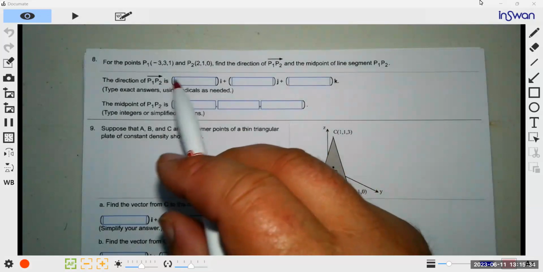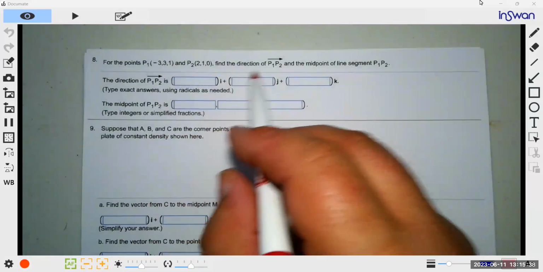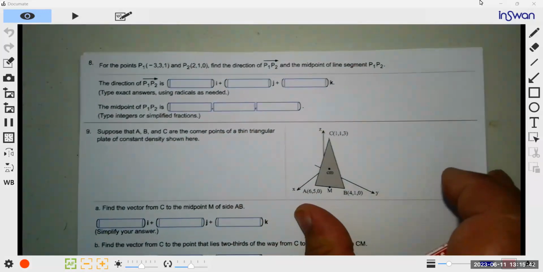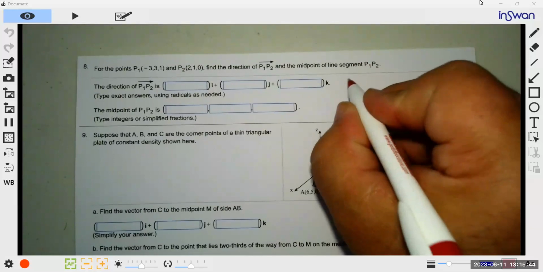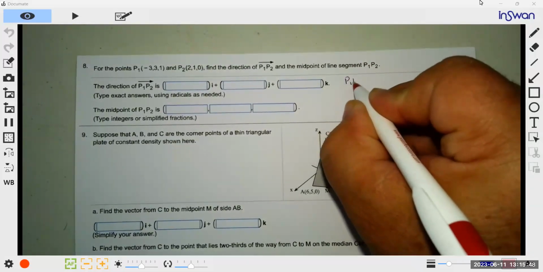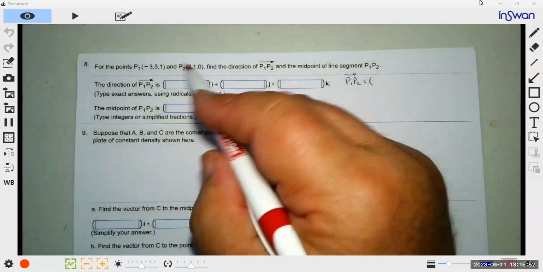Find the points P1 and P2, given the values, in the direction P1P2, and the midpoint of the segment. P1 to P2 is always the second minus the first.